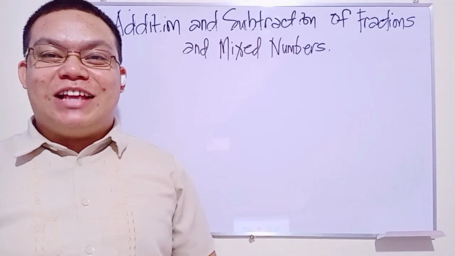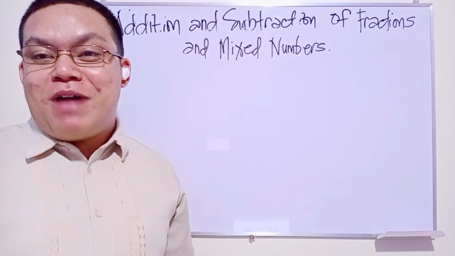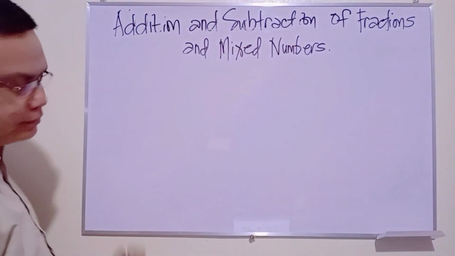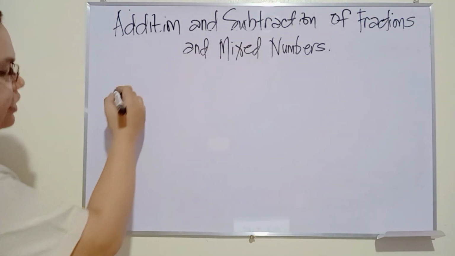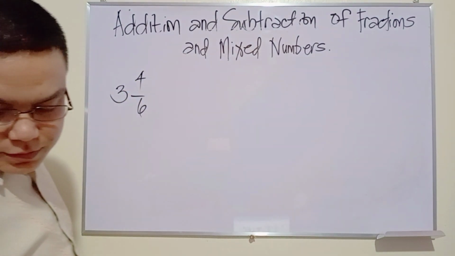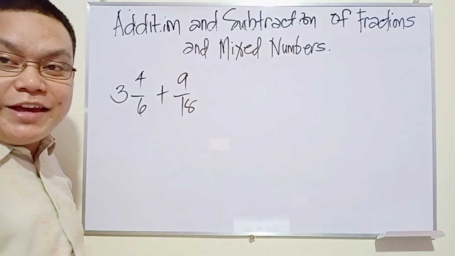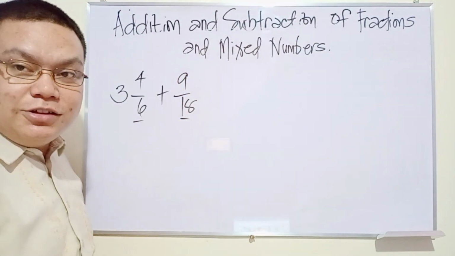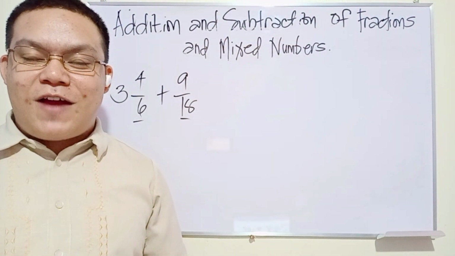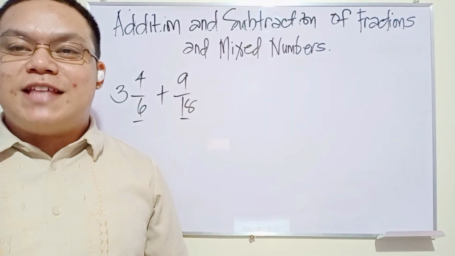Next, we're going to have the addition and subtraction of fractions on a mixed number na magkaiba yung kanilang denominator. For example, 3 and 4 over 6 plus 9 over 18. As you can see, magkaiba yung kanilang denominator. So sabi ko kanina doon sa pag-add ng dissimilar fractions at pag-subtract ng ating dissimilar fractions, we get first the LCD.